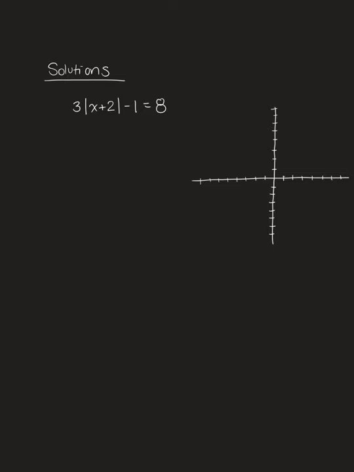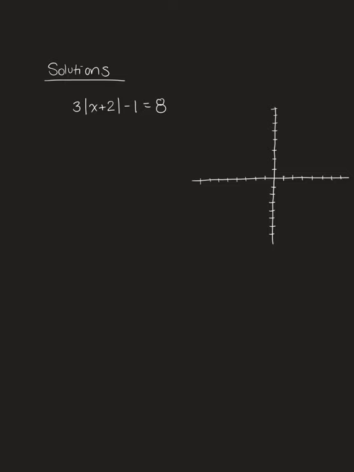Okay, so this is a little bit of extra information. You have already learned how to solve absolute value equations and to get solutions. So I want to show you what those solutions actually mean graphically, okay?